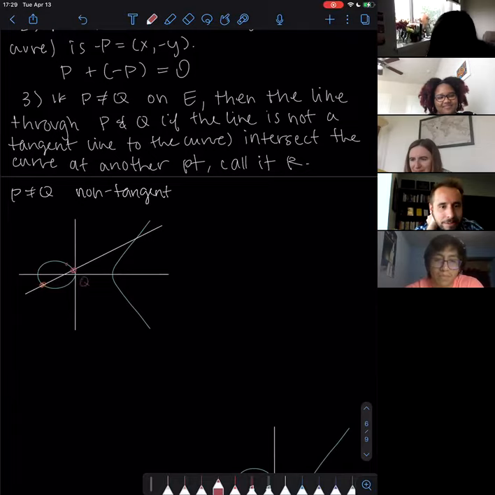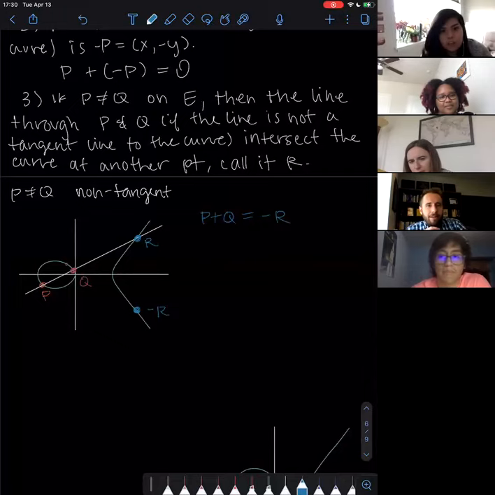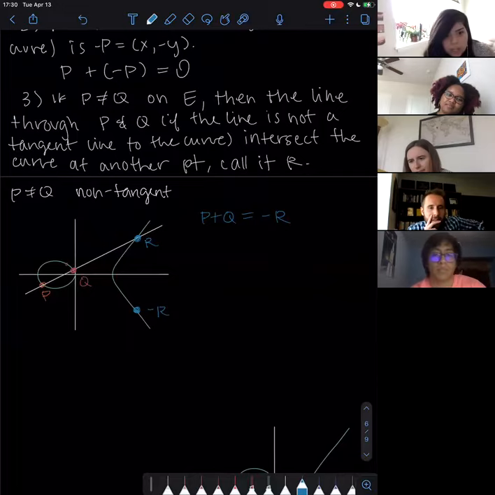Right, so if this is the point Q and this is the point P, we know it intersects the elliptic curve at one other point. And we're gonna look at negative R. So we're gonna reflect it over the x-axis, and we're gonna define P plus Q to equal negative R. That's how we're gonna define this case where P does not equal Q and we don't get a tangent line.